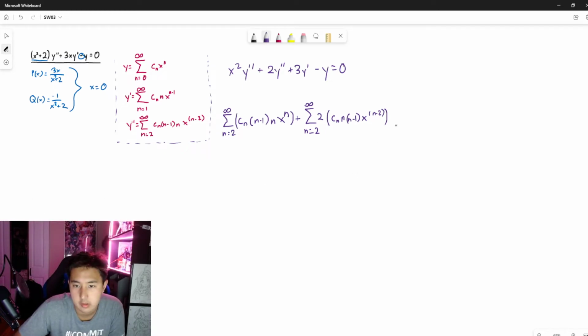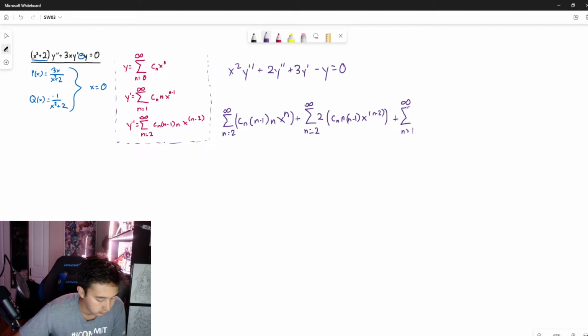So let's keep plugging in. Now we have the power series from n equals 1 to infinity, plugging in y prime. Then we multiply this by 3.